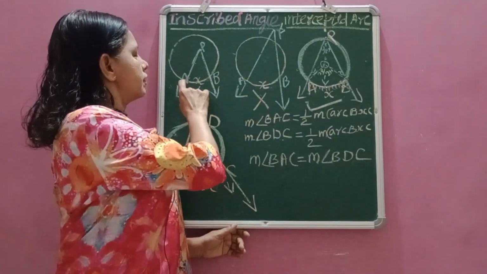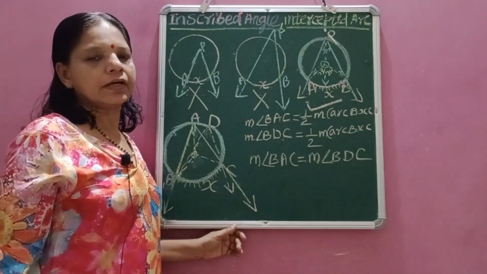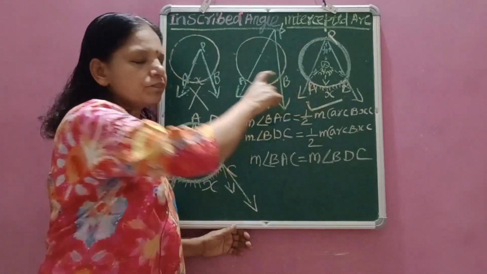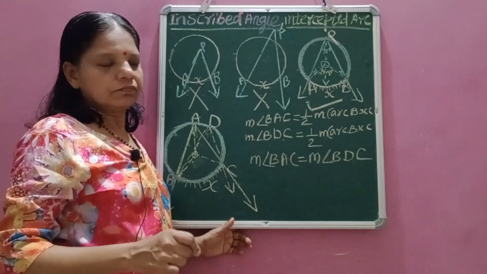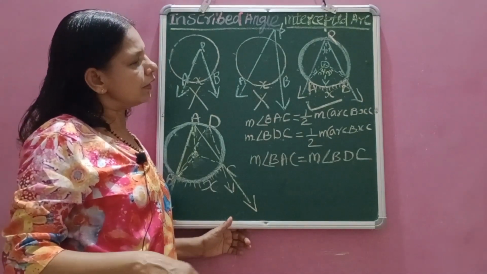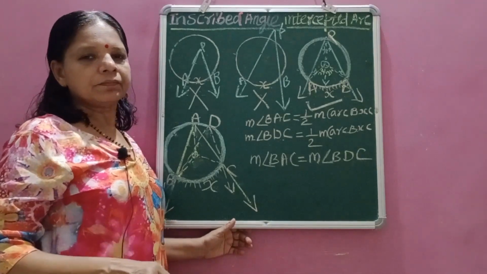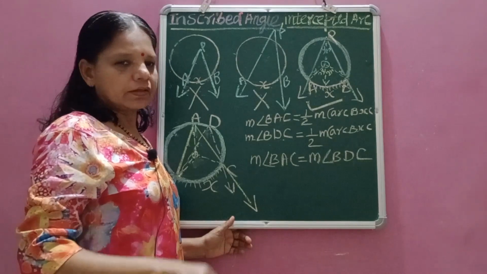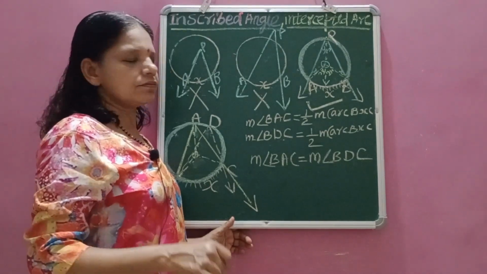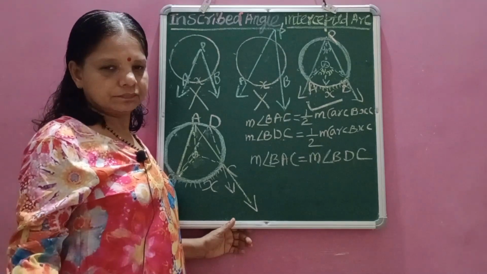In these two figures, APB is not an inscribed angle. In the third figure, it is an inscribed angle. Angle APB is inscribed in the arc APB, and AXB is the corresponding intercepted arc.